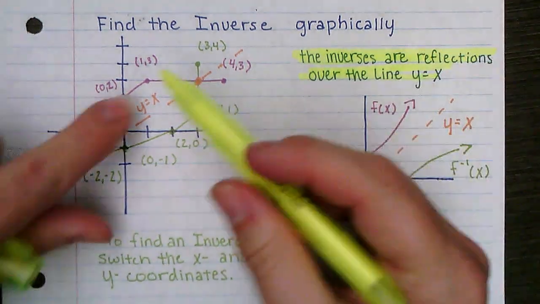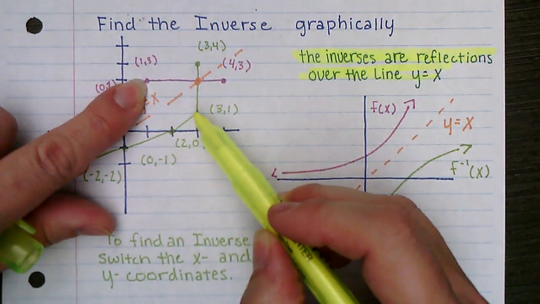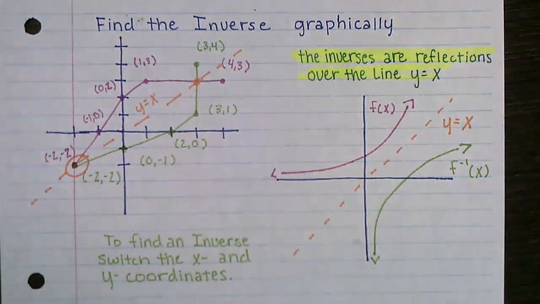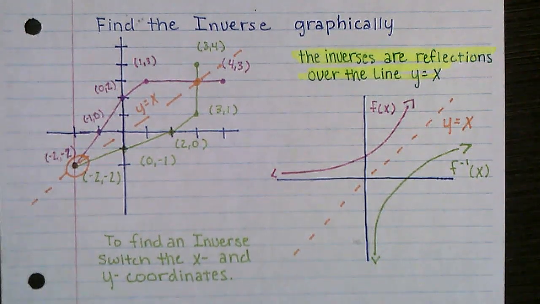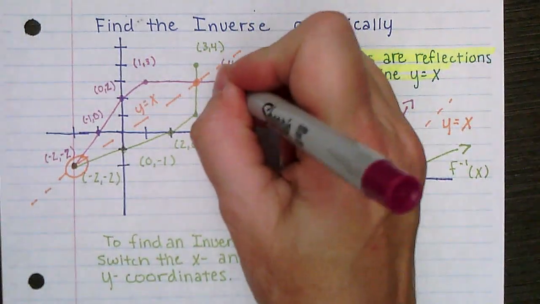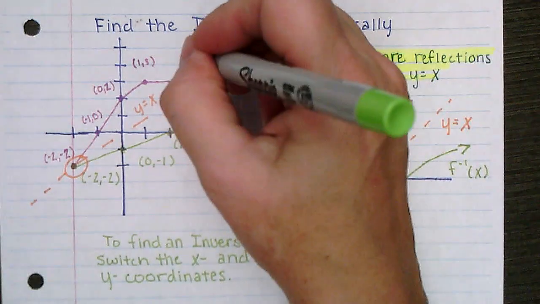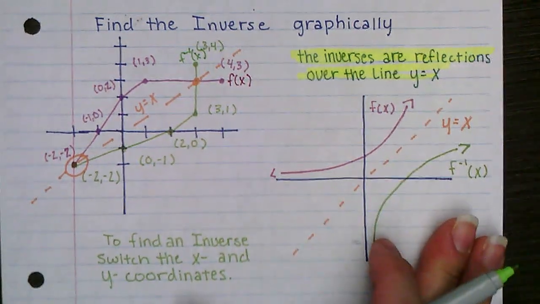So you can see this point right here, 1, 3, is straight across the line y equals x from the point on the inverse function, 3, 1. So here's our function. The function would be kind of the purple one. Then the inverse function would be kind of the green one. So this is f inverse of x.